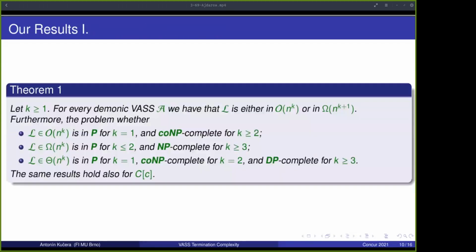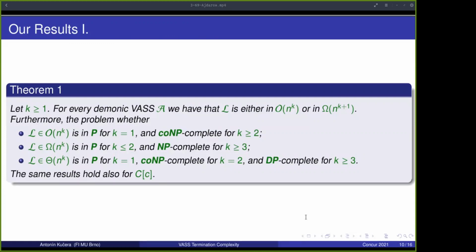Now we are ready to formulate the main results of our paper. These results give a full classification of the computational complexity of the problems of asymptotic analysis of termination complexity and counter complexity in demonic VAS and VAS games with respect to the polynomial hierarchy.